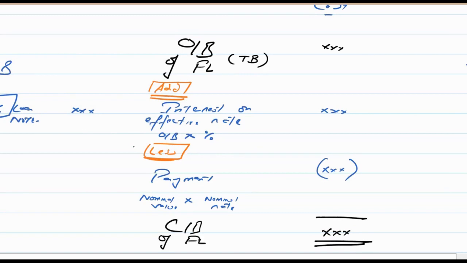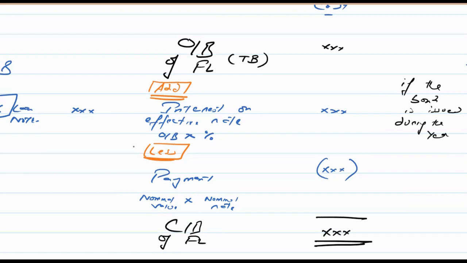Now remember, if the bond or loan notes, whatever you call it, is issued during the year, then you need to do the months by 12 because the interest is for the year. So you need to multiply it by months by 12.